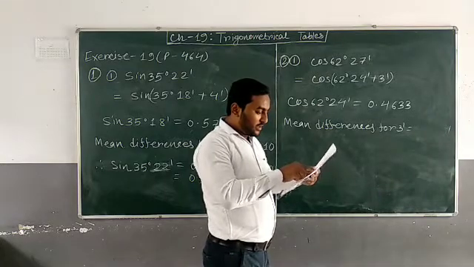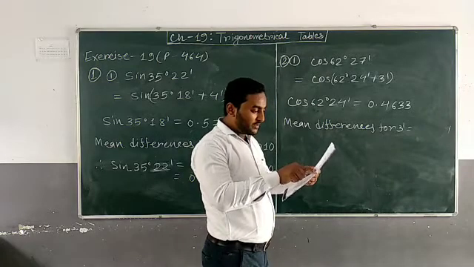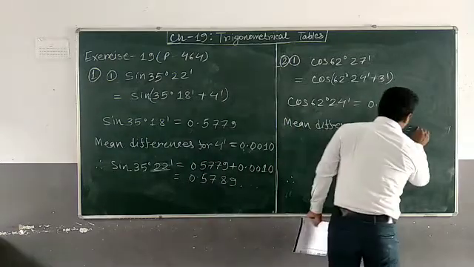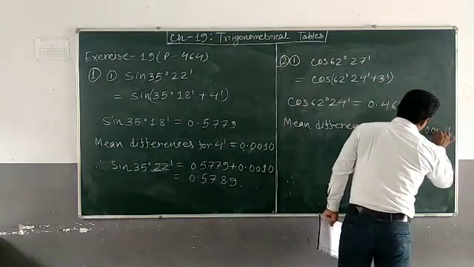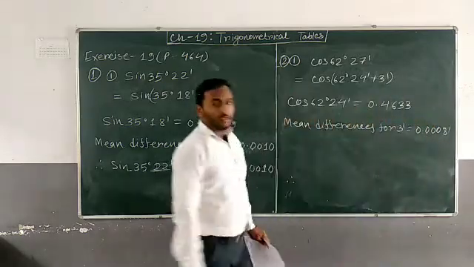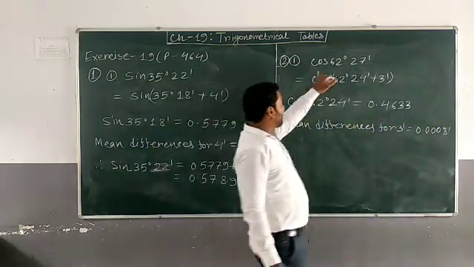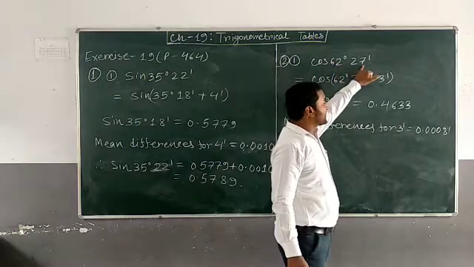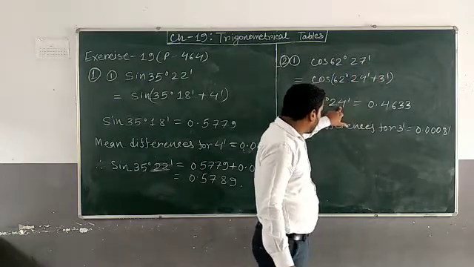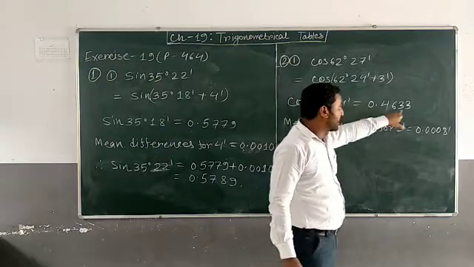The mean difference for 3 minutes is given as 8, which means you have to write 0.0008. Okay, clear? Now you have to find the value of cos 62 degree 27 minutes. The value for 62 degree 24 minutes is already calculated.